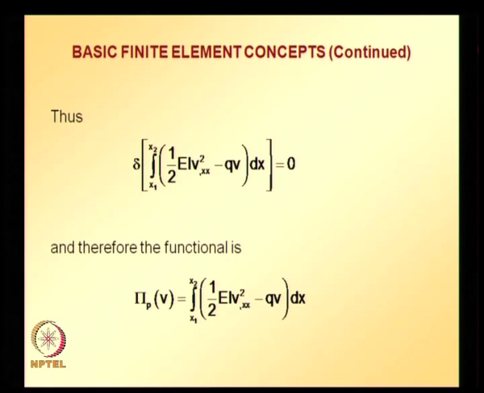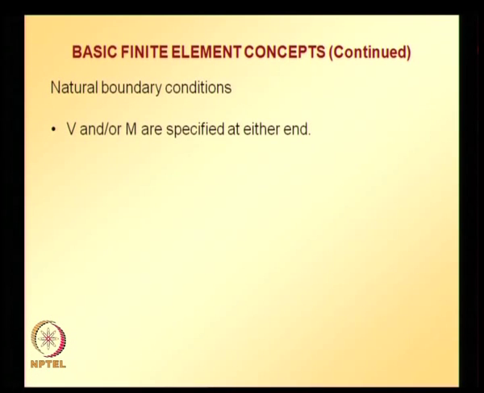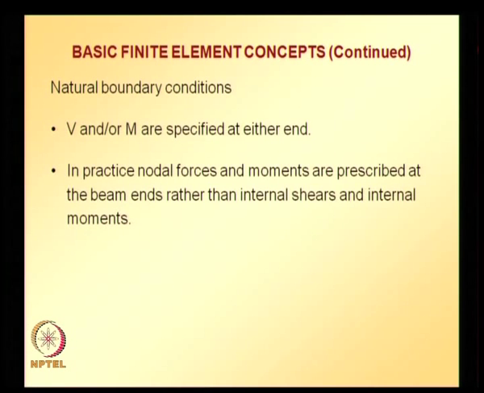Suppose natural boundary conditions are specified, that is moments and shear forces are specified. We need to substitute those values and simplify the functional that we have seen earlier. Natural boundary conditions V and M are specified at either end.